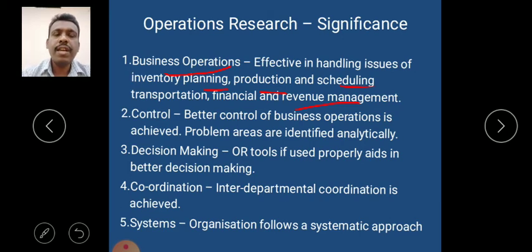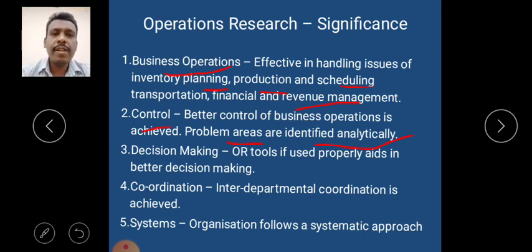So what happens is it improves the efficiency of all these operations. It gives better control on various operations. When you know that you can save particular things, when you know which is the best route you have to follow, everything goes through a sequence, and you can achieve better control of business operations. Problem areas can be identified very easily, and hence they can be solved also analytically. So you will know what are the problem areas and how to solve them.